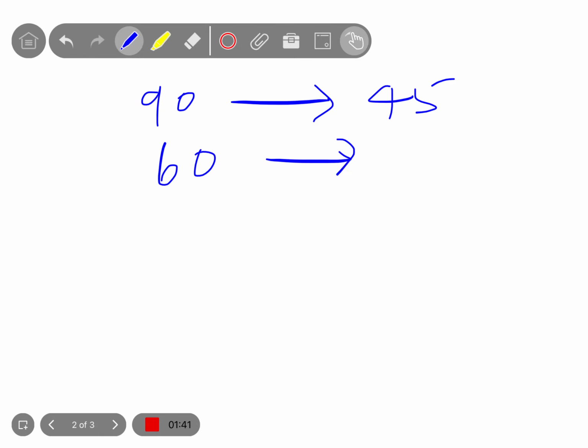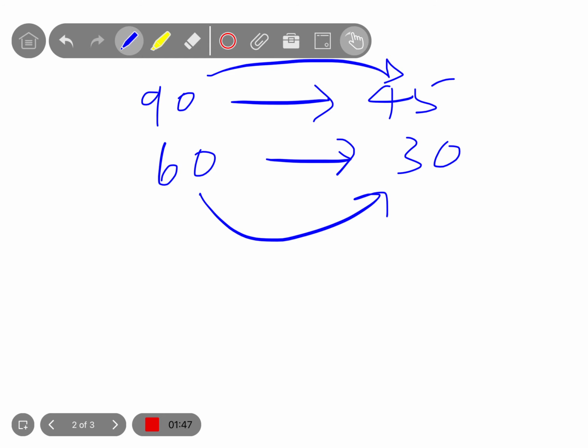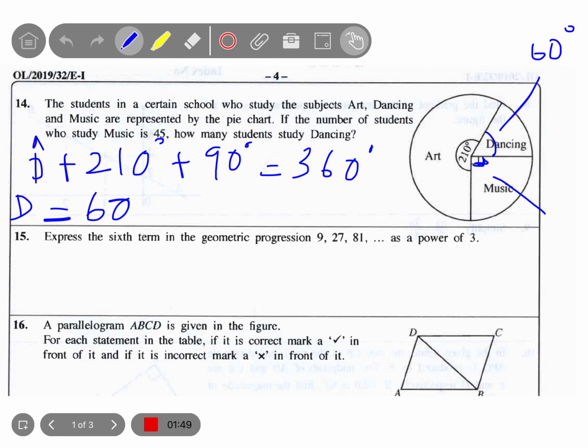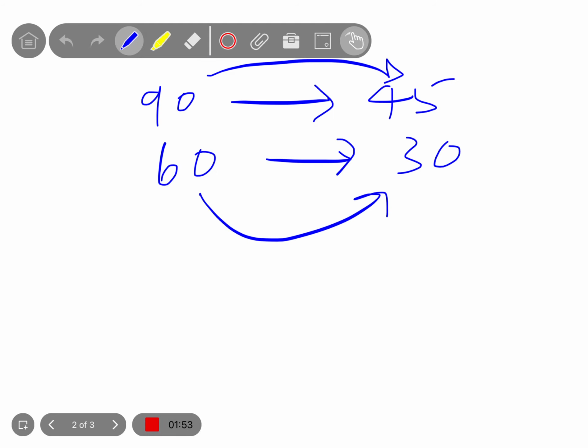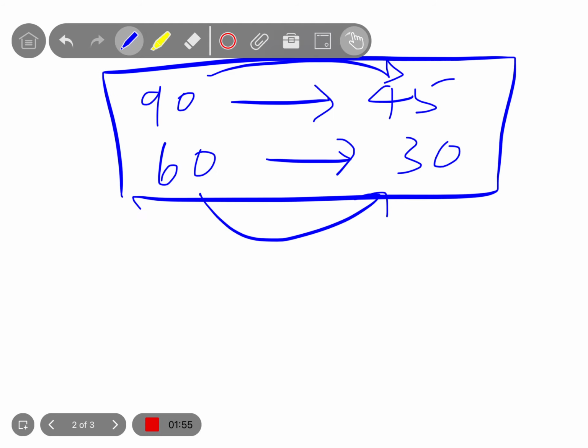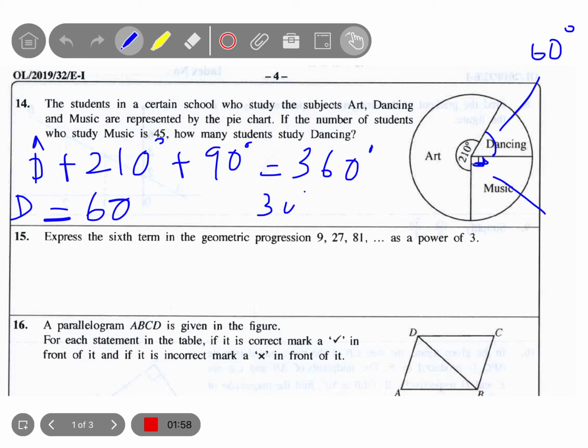You don't even need to calculate that. 90, half of that is 45, then half of this should be 30. So how many students are in the dancing? 30 students. You can write this formula there, and then figure out the answer. Pretty simple. Next question. Express the sixth term in the geometric progression 9, 27, 81.